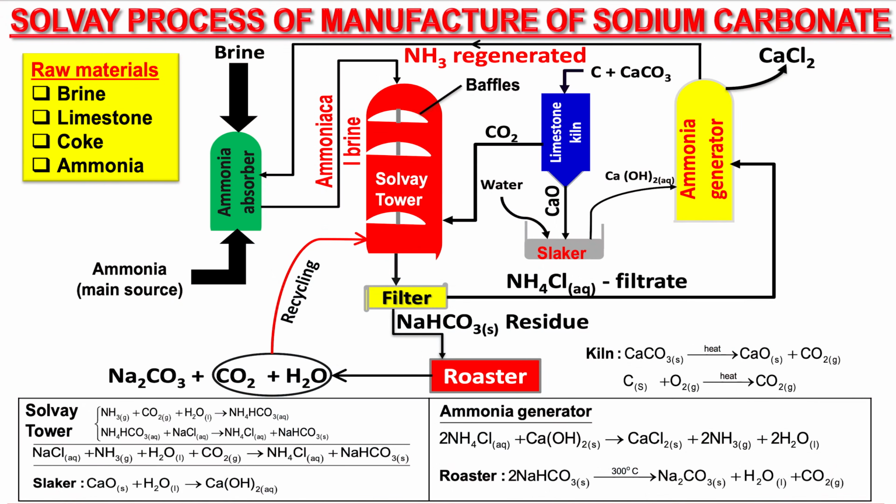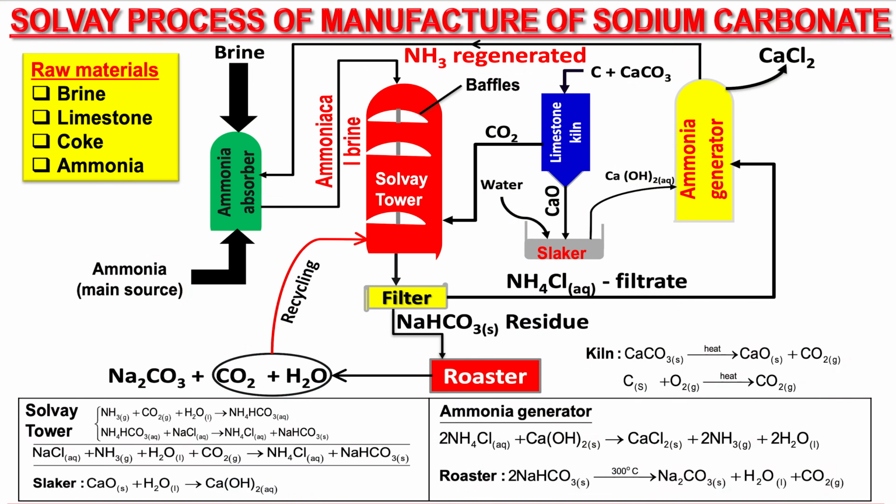Then brine and ammonia are reacted together to produce what we call ammoniacal brine. Ammoniacal brine is simply brine saturated with ammonia. We can write the formula for ammoniacal brine as ammonium hydroxide plus sodium chloride.